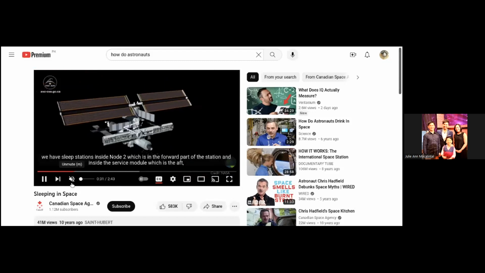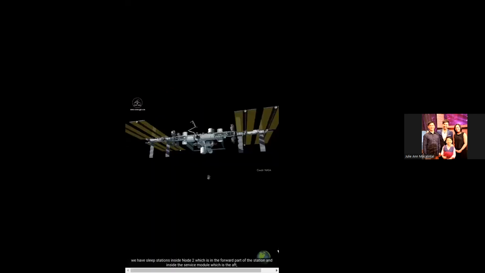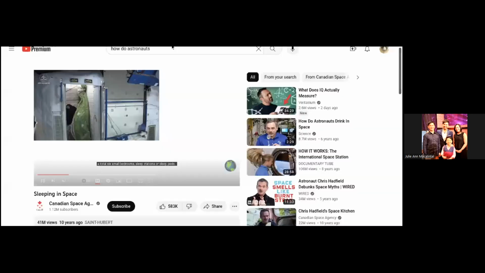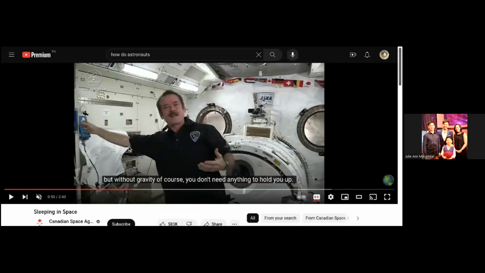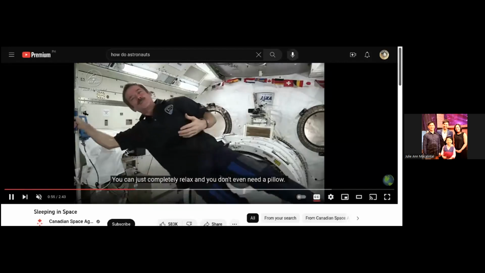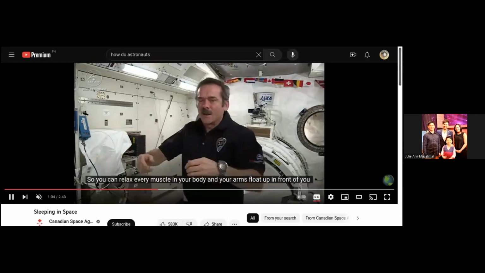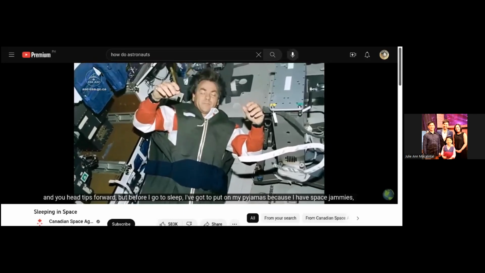What I want you to notice here is the motion of the objects. After pushing himself, he rotates, but his center travels at constant velocity with respect to the inside of the space shuttle.